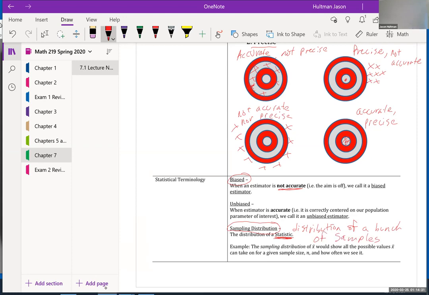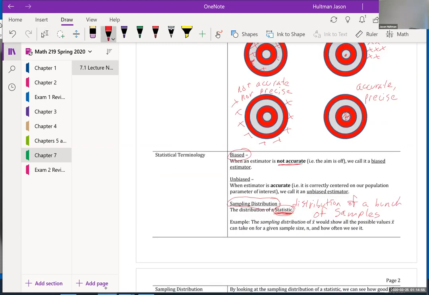Before we had just a distribution of one sample. Now we're taking kind of an aggregate of a bunch of samples. It's not just one sample. It's of the whole statistic.